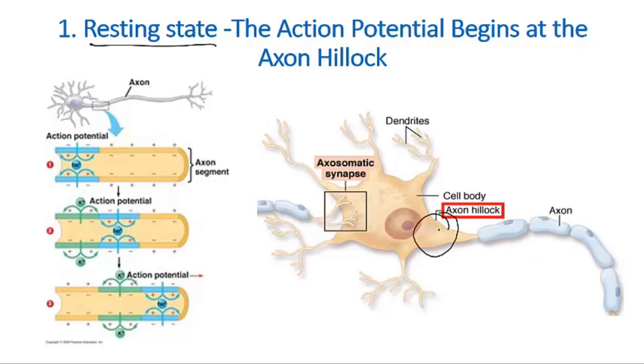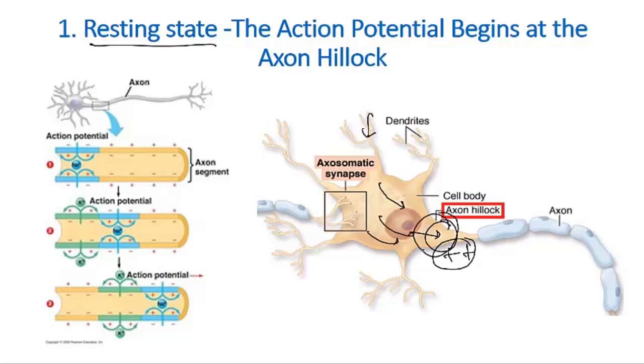This action potential begins when the signal from the dendrites and cell body migrates and reaches this axon hillock. Until they reach the axon hillock, the signaling will not start. And this movement of signal causes the membrane potential there to become more positive. This is known as depolarization, and this is where the process will actually begin.